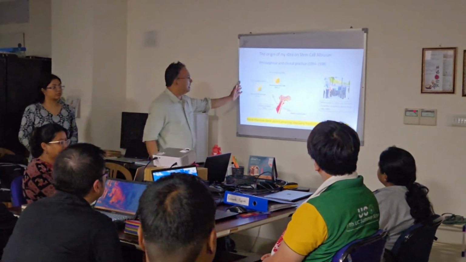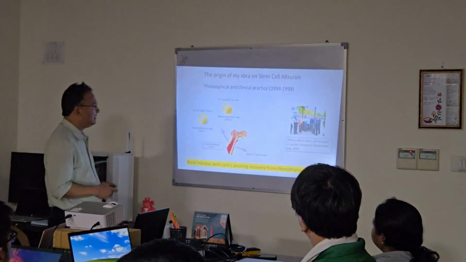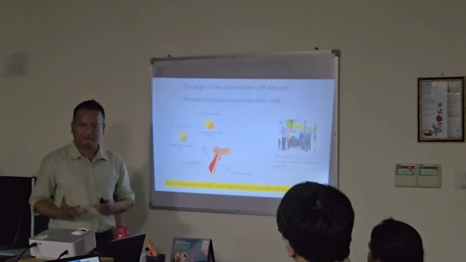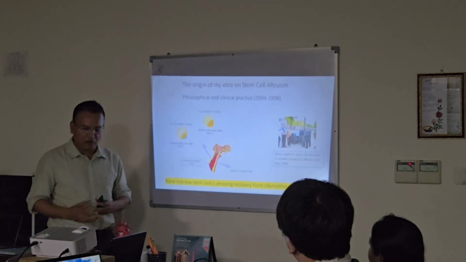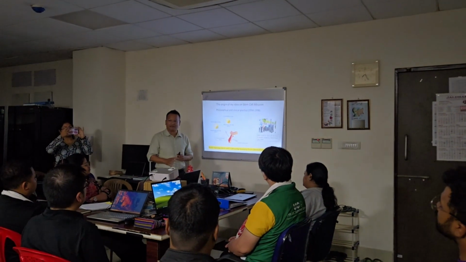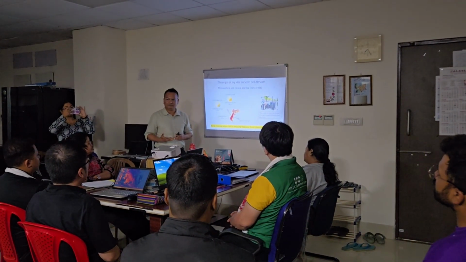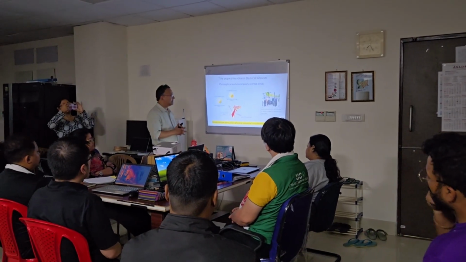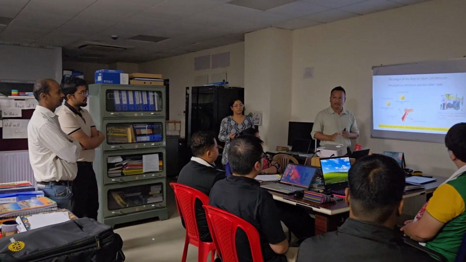Then during my clinical practice, when I started back in 1994, 1998, I was thinking about how stem cells regenerate themselves after chemotherapy. When you give chemotherapy to cancer patients, we can kill the cancer cells, but our body's own hematopoietic stem cells recover. Remarkable. I thought that kind of recovery after chemotherapy might involve group selection, group fitness, altruism.